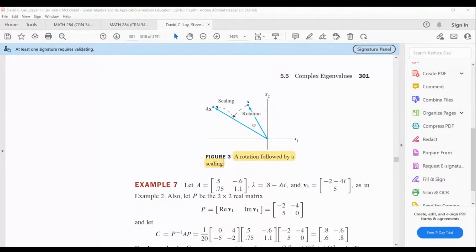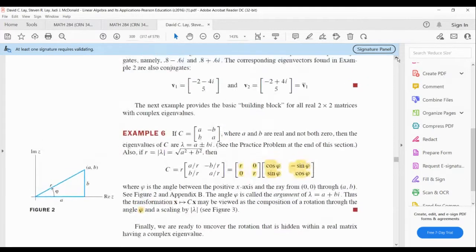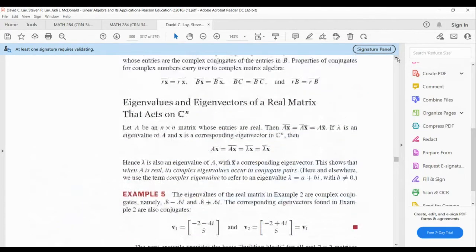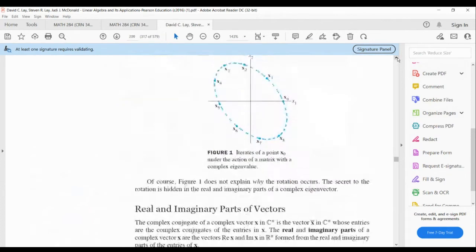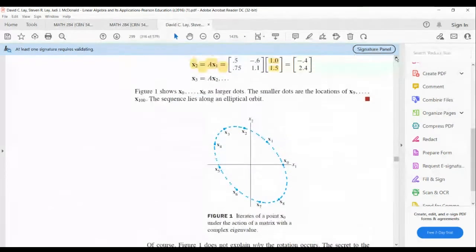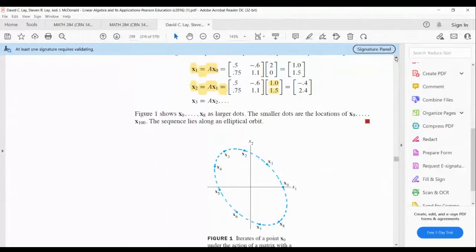Okay, so if we go back to that second example, when you take the matrix A that has complex eigenvalues and multiply it by the vectors, what are your new coordinates?